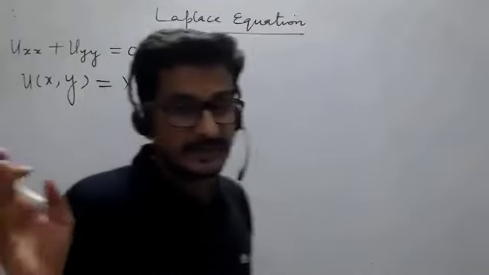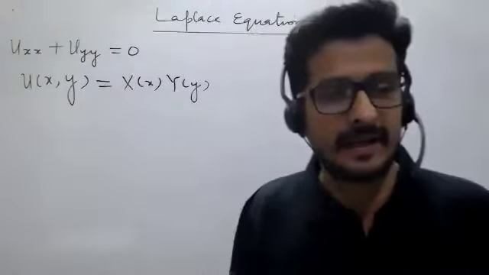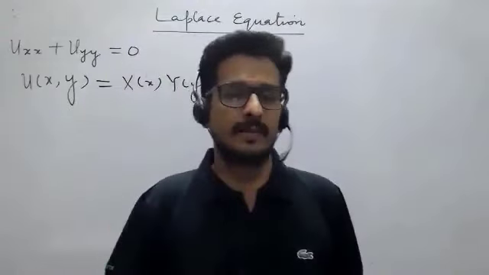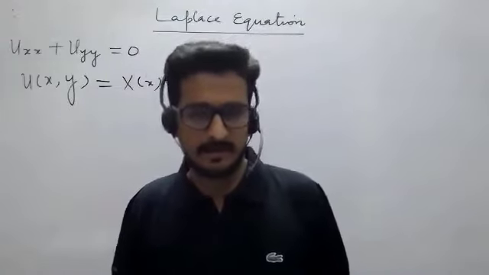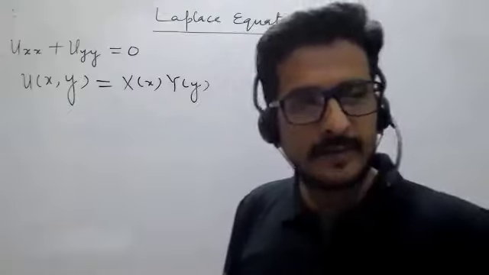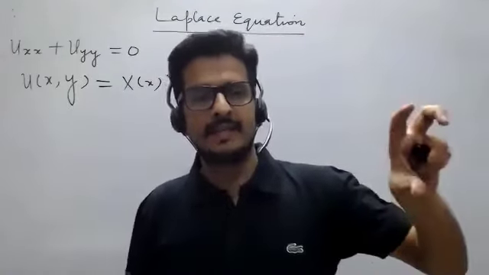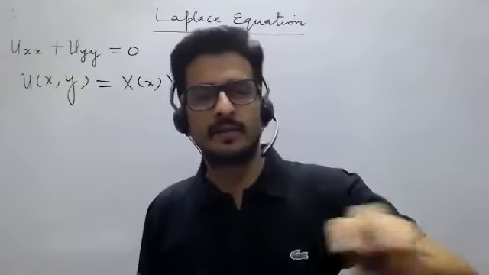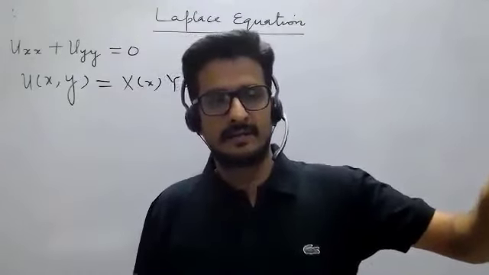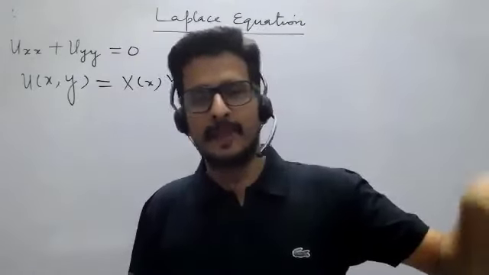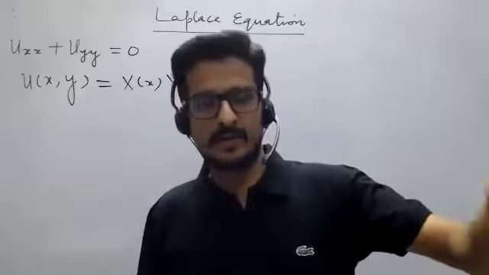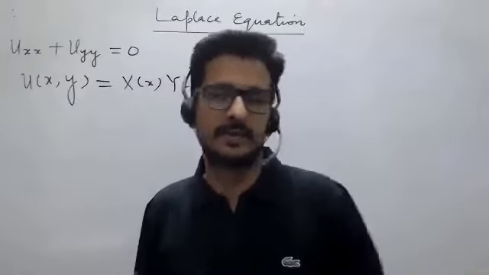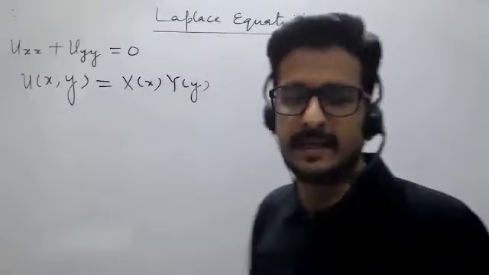The same variable separable technique is also used to solve the hydrogen atom problem. Same technique. Like if you have three variables, psi depending on r, theta and phi, you will write capital R as a function of small r, capital Theta as a function of small theta, and capital Phi as a function of small phi. Same technique is used.